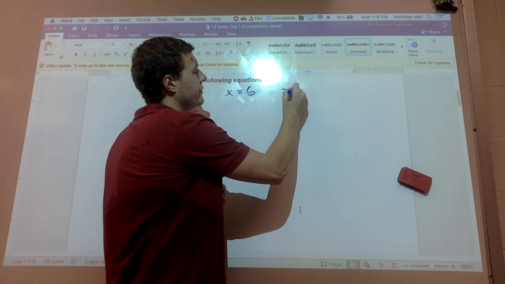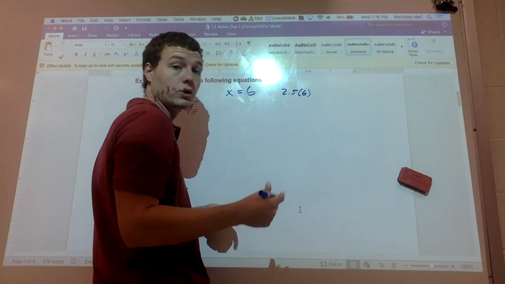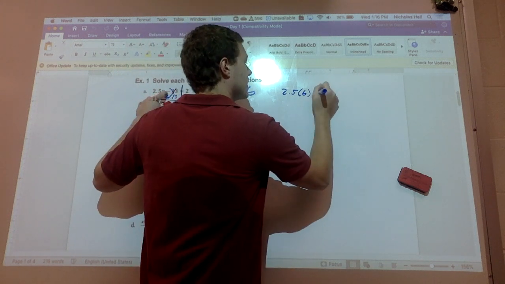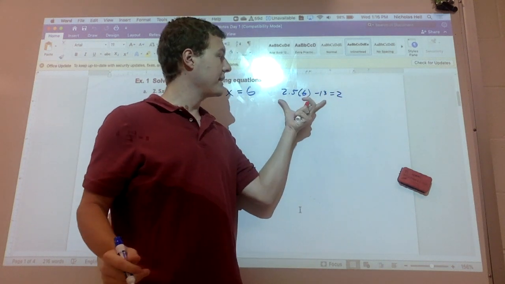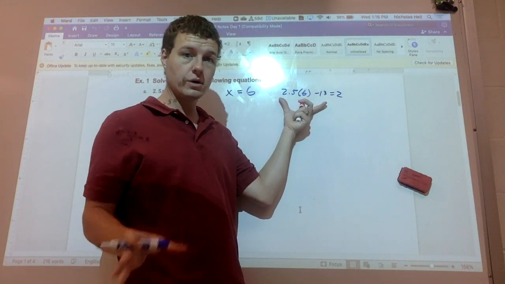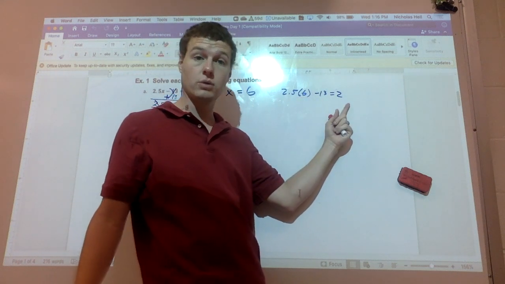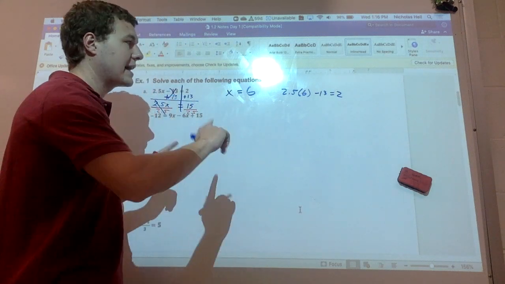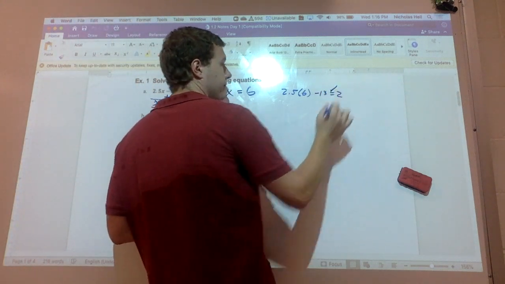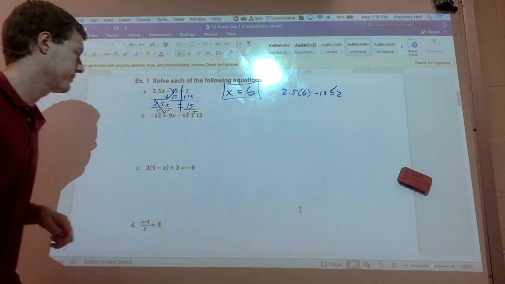You could have 2.5 times 6, because that's my x value now, that's the solution that we found, minus 13 should equal 2. Well, I already have equals 2, so type that whole thing in your calculator, pause the video in a second, hit enter, it better be 2. If it's not, you might have typed something in wrong. So, check that out, but that does work right. So, that means your answer is 6.